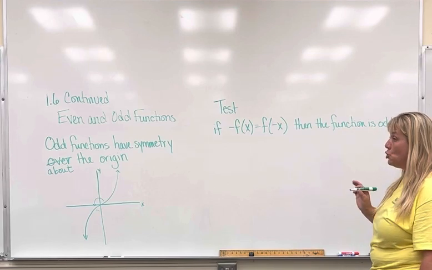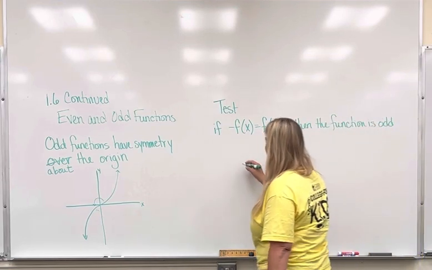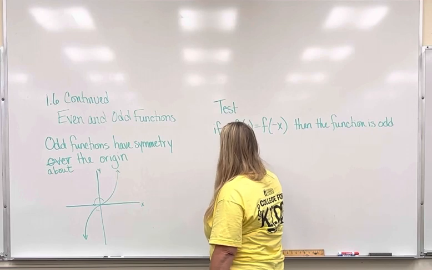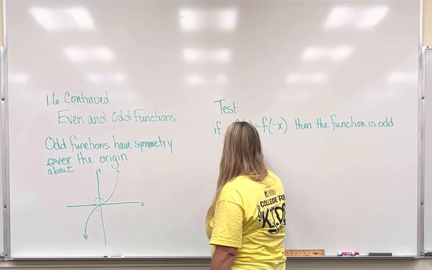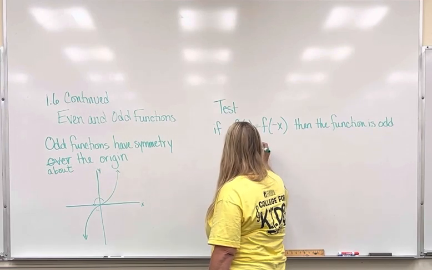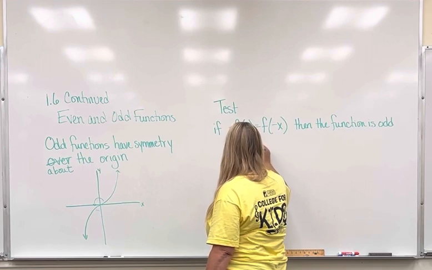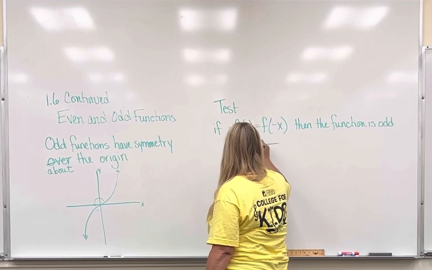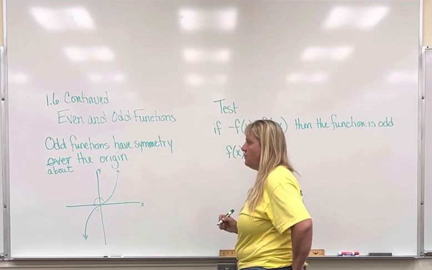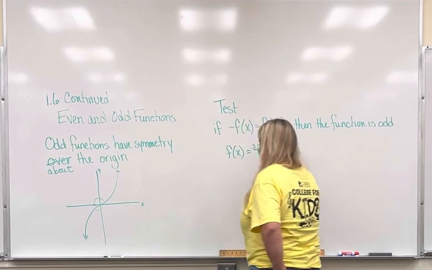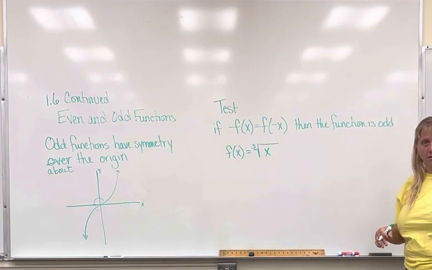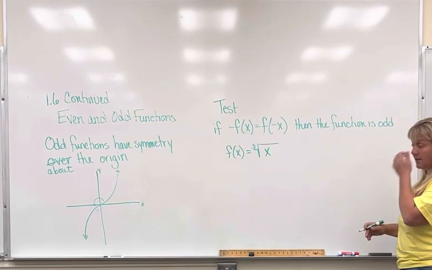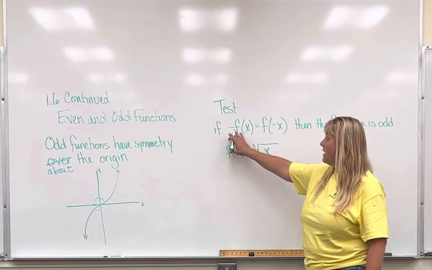All right, so let's see. If I gave you f of x is equal to the cube root of, let's just go with the cube root of x. So in this test, we need two new things.